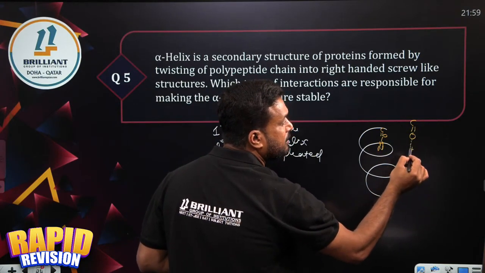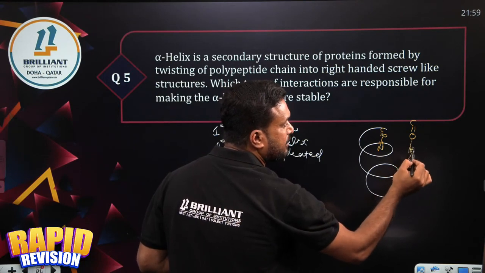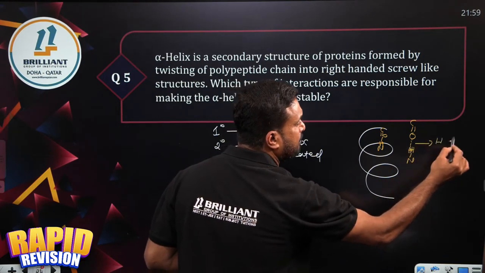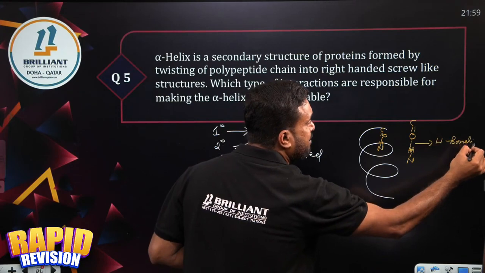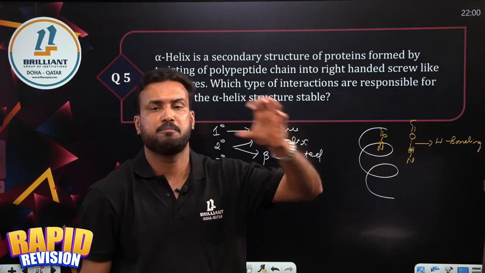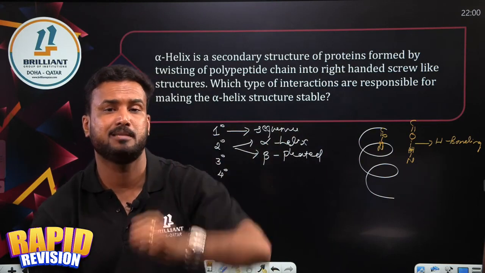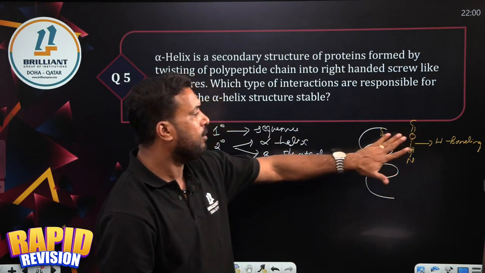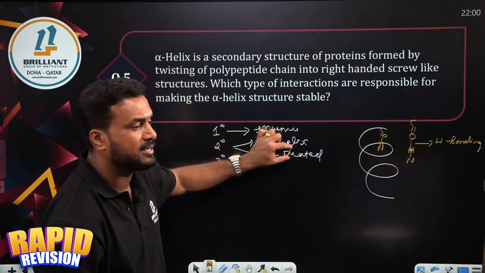This is hydrogen bonding, between H and oxygen. So what stabilizes the alpha helix structure? The alpha helix structure of protein is stabilized by hydrogen bonding.